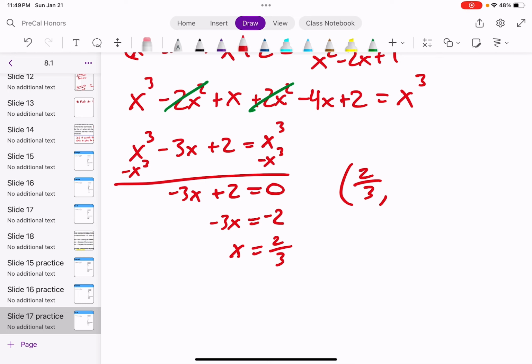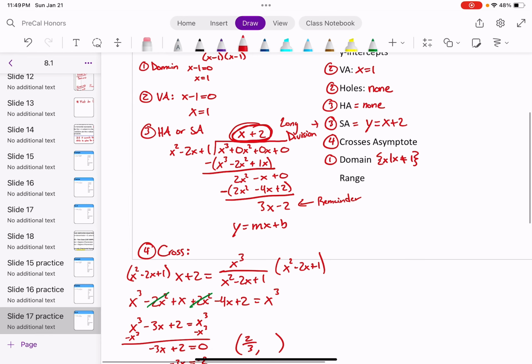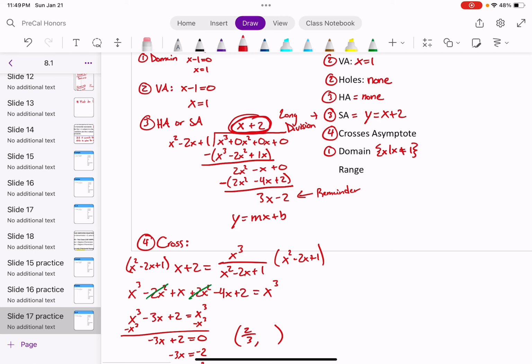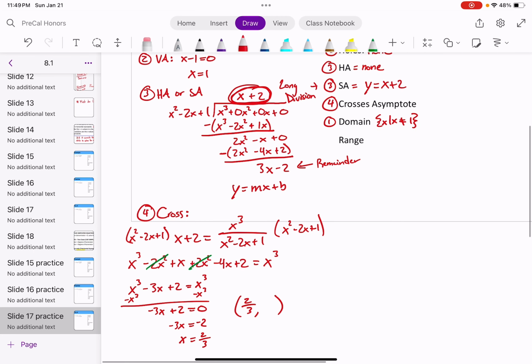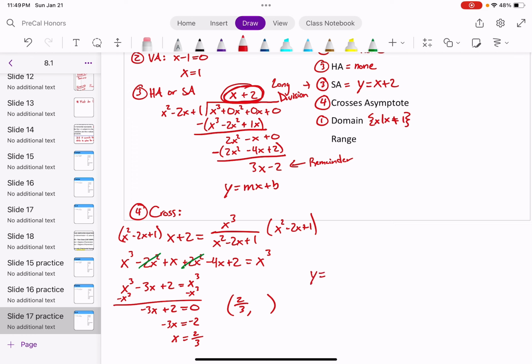Now, since we did end up with a number as part of our cross, that means there is a y. In order to figure out the y, we're going to have to go ahead and plug it into our, sorry, not horizontal asymptote, our slant asymptote. So we're going to plug in y is equal to 2 over 3 plus 2.